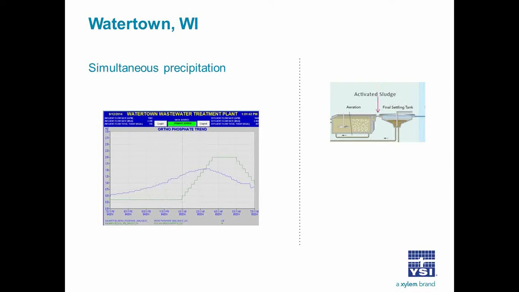When the phosphate is below the set point concentration, the pump speed is at minimum until the phosphate exceeds the set point, and then gradually the pump speed is ramped up in order to reduce that phosphorus. When the phosphate again starts to decrease, the pump speed decreases accordingly. This enables them to more closely match the chemical demand they have for phosphorus removal.